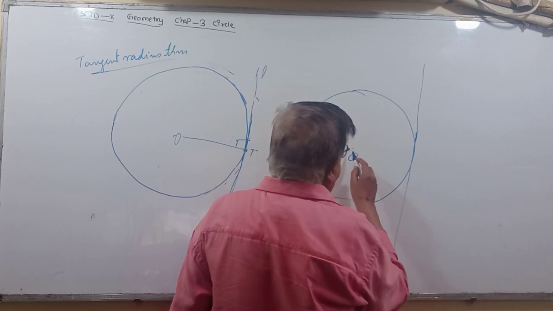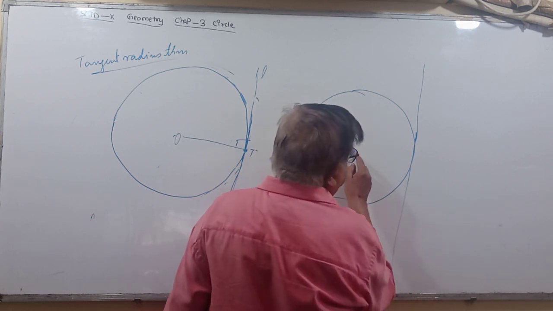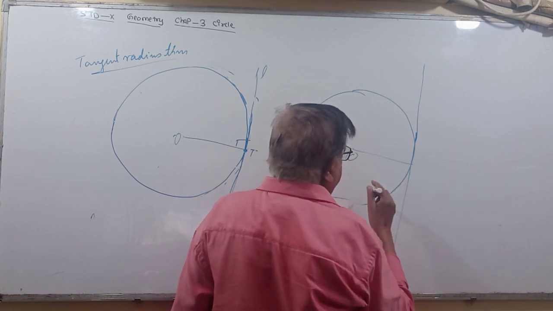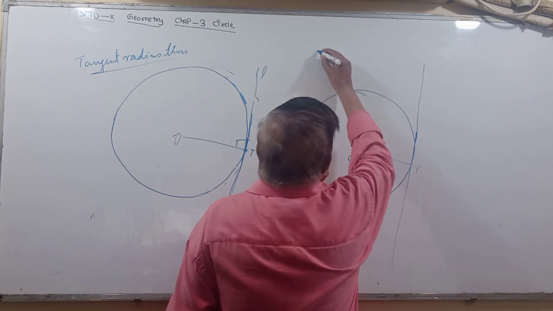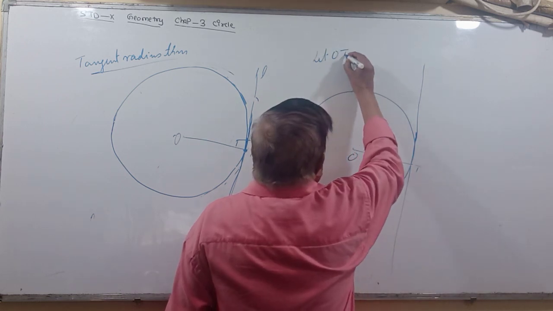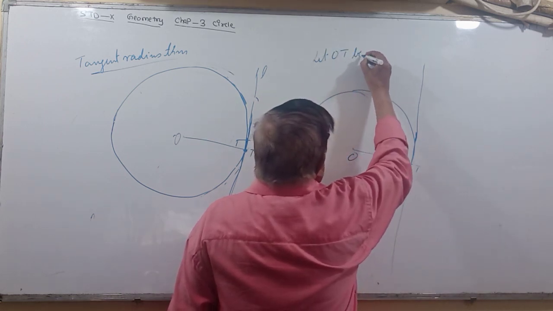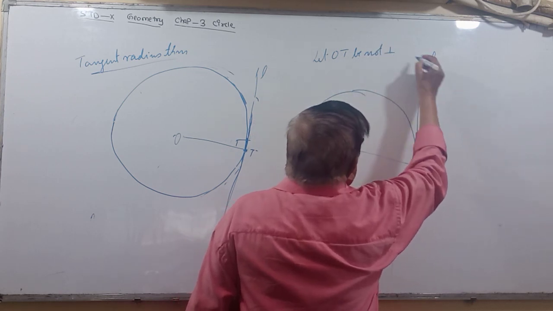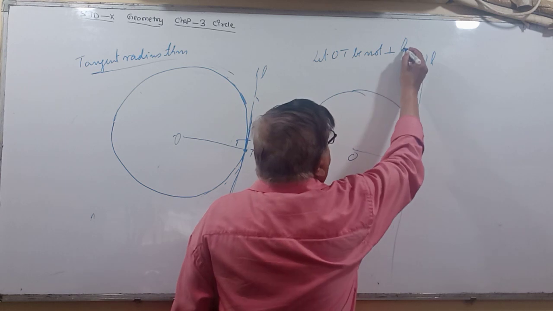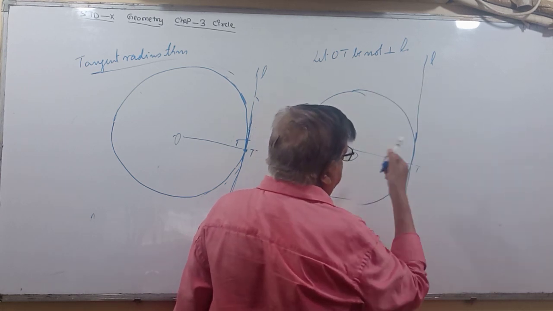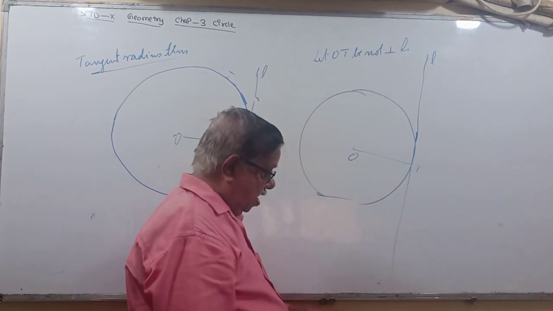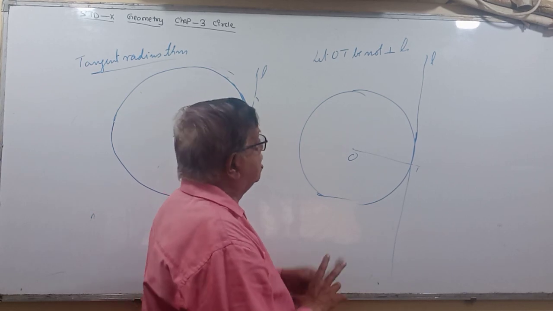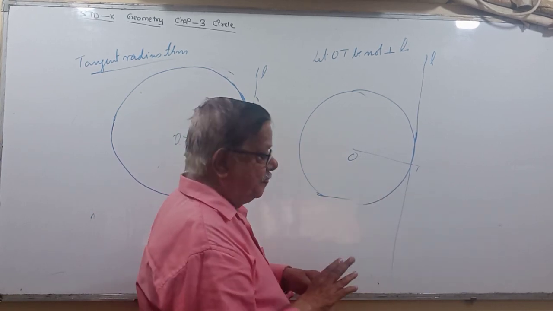We assume that OT is not perpendicular. Let OT be not perpendicular to tangent L.